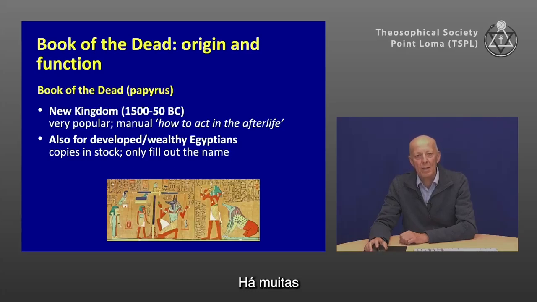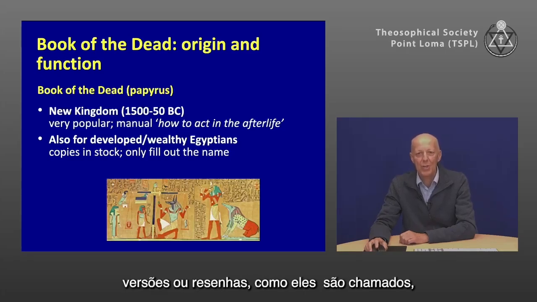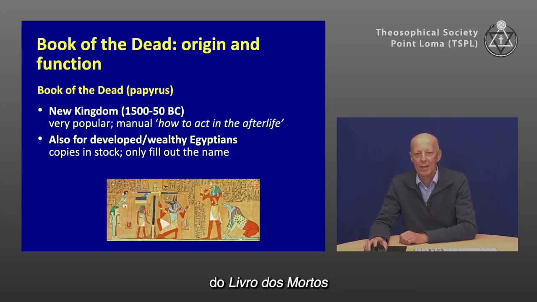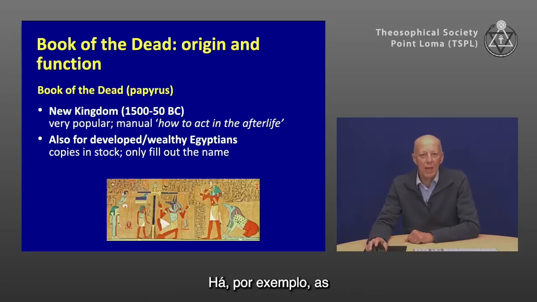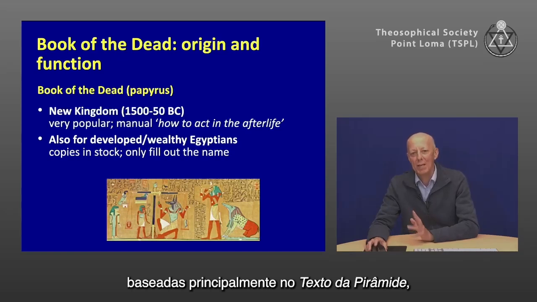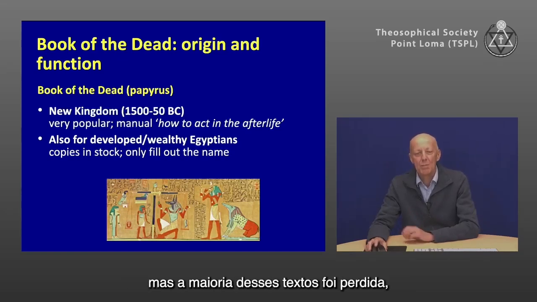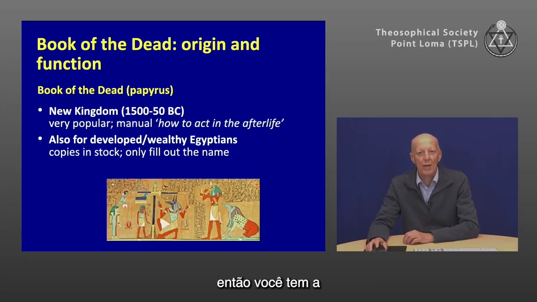There are many versions or recensions, as they are called, of the Book of the Dead, from different time periods. There is, for instance, the Heliopolis recension, mainly based on the pyramid text, but most of these texts have been lost. Then you have the Theban recension from Thebes, from about 1500 BC.